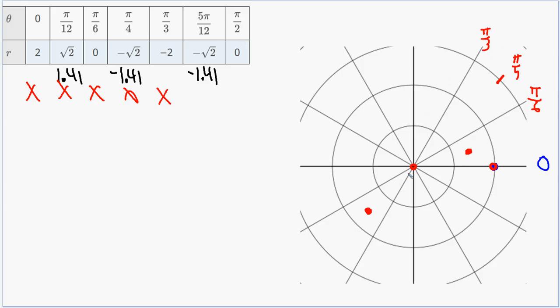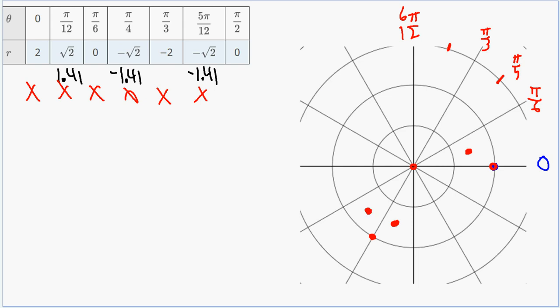Negative 2 sends us across here. 5 pi over 12, if this is pi over 2, this would be 6 pi over 12. So 5 pi over 12 is right about in the middle here. And we're going to go negative 1.41, so right there. And then pi over 2, we're back at the origin.